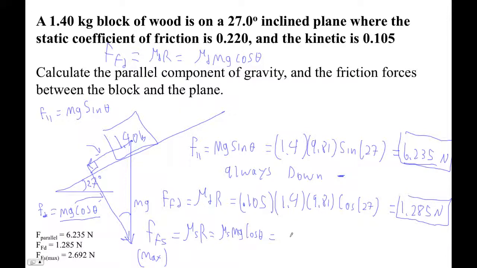So that is 0.22 times 1.4 times 9.81 times cos of 27. Please do me a favor and make sure your calculator is in degrees. All right, so here we go. 0.22 times 1.4 times 9.81 times cos of 27, and that's 2.692.